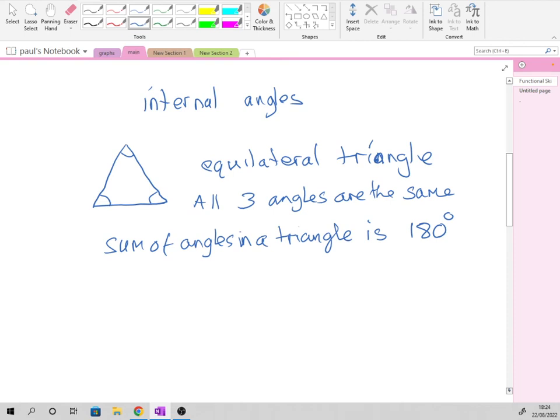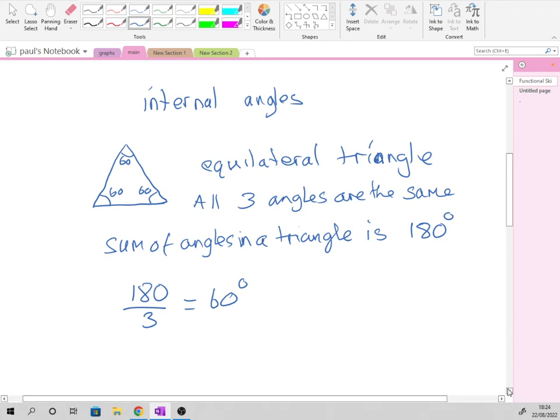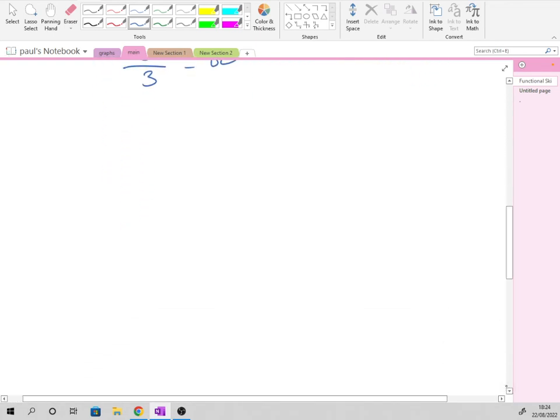If this is an equilateral triangle and all three angles are the same, and adding them all up together will be 180, we take the 180 and divide it by 3, which means each angle is 60. So if you've been given the information that it is an equilateral triangle, you very quickly can know what all the individual angles are. No problem whatsoever.